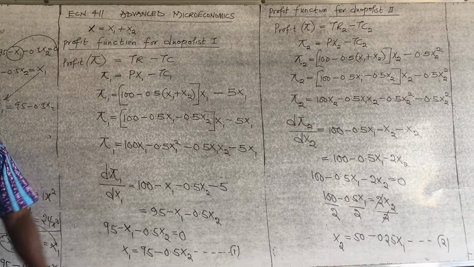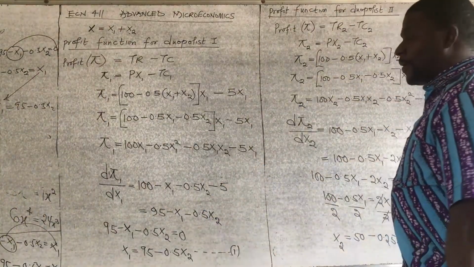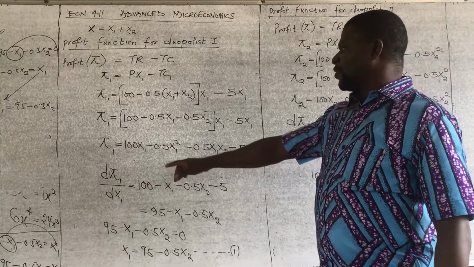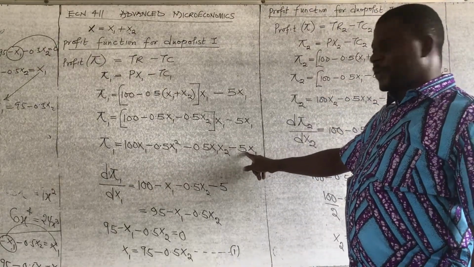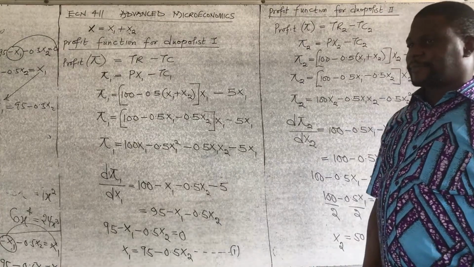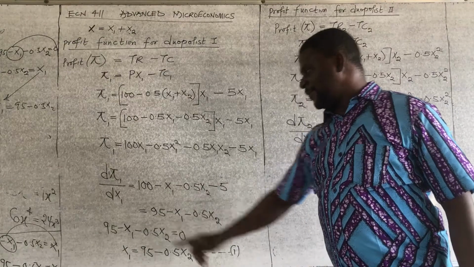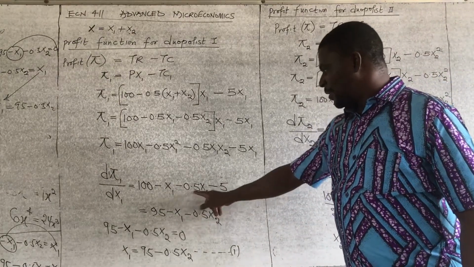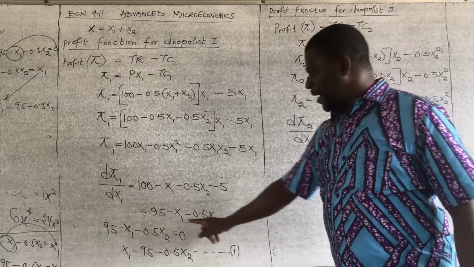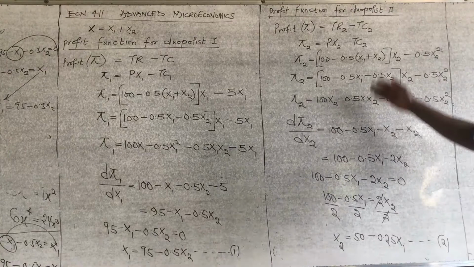I'm going to have 5 here now. If you differentiate 100x1, you get 100. If you differentiate 5x1, you get 5. So back to the first one, 100 minus 5 gives us 95. Then I still have minus x1 and then minus 0.5x2. And now you equate it to 0 to get this equation. Do you get that?